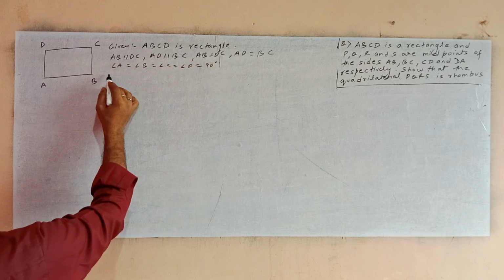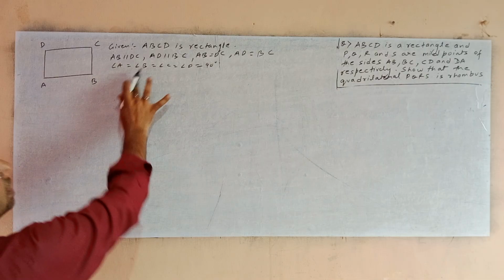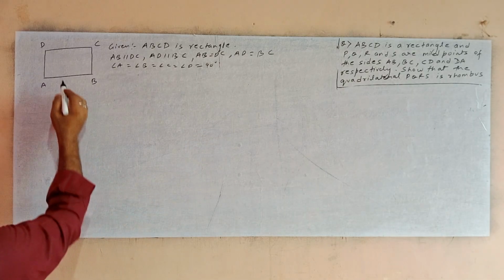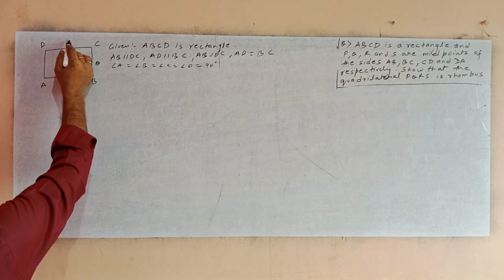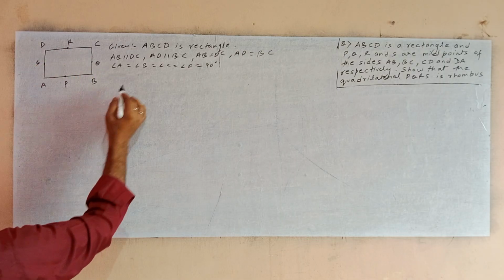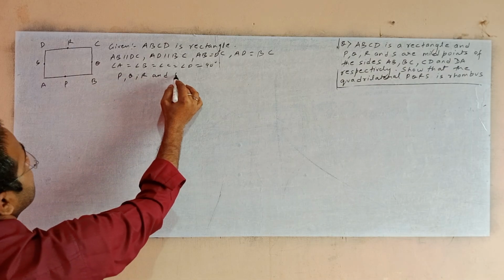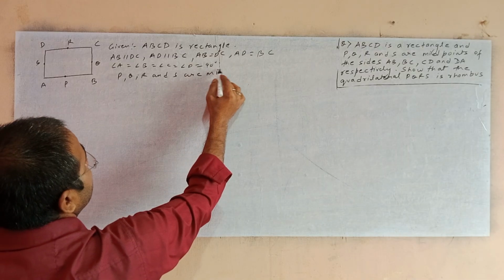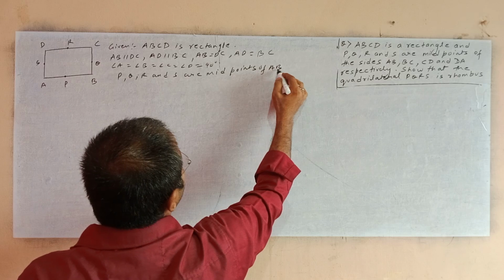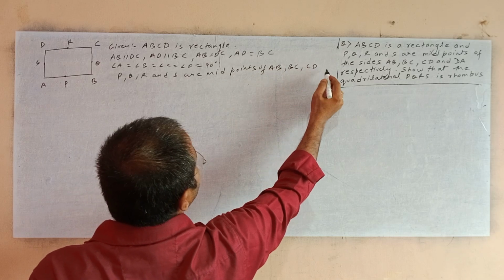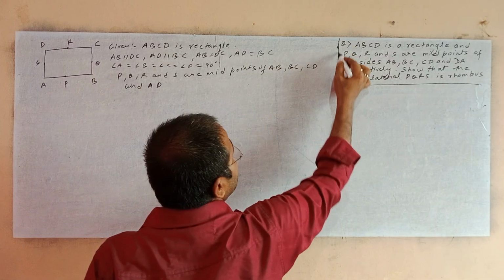Okay, to prove you have to prove. Sorry, one thing more is given. P, Q, R and S are the midpoints of AB, BC, CD and AD.